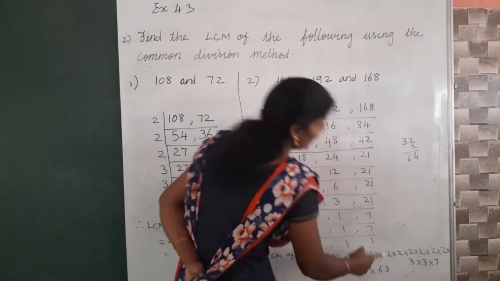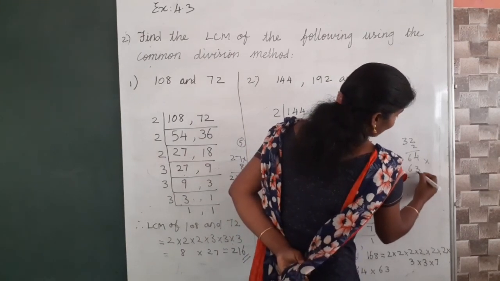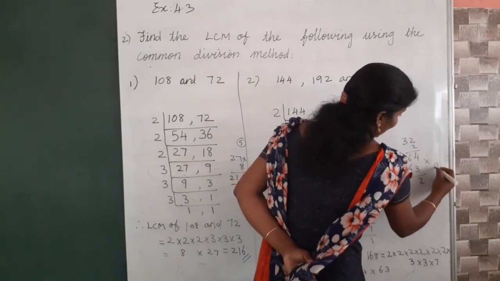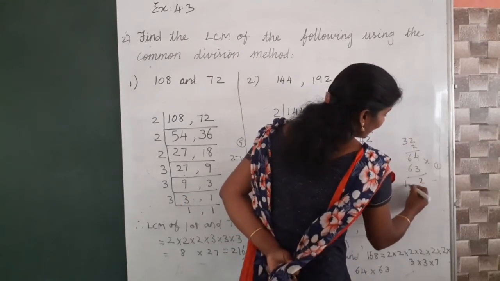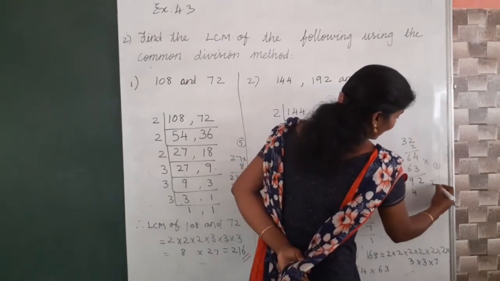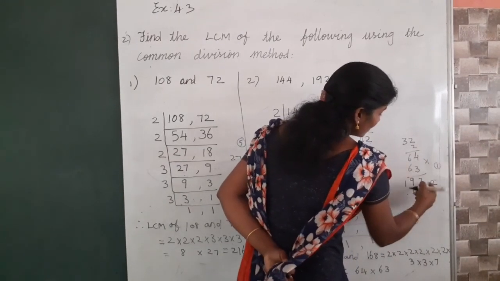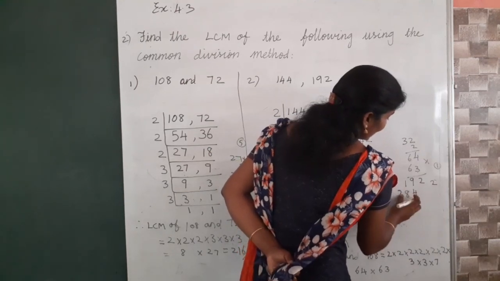Now we can multiply 64 into 63. 4 3s are 12, 1 balance. 6 3s are 18, 18 plus 1, 19. 6 4s are 24, 2 balance. 6 6s are 36 plus 2, 38. Okay, 38.